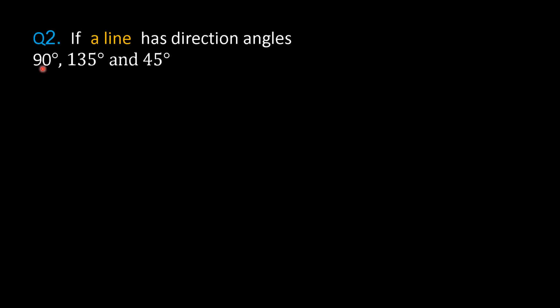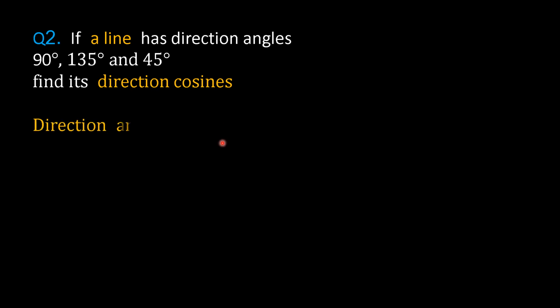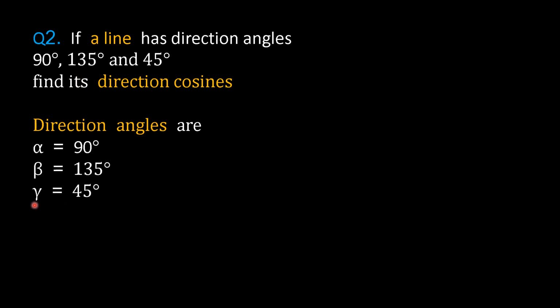The second question is similar to the first one. If a line has direction angles 90 degrees, 135 degrees and 45 degrees, then we have to find its direction cosines. The direction angles are alpha is 90 degrees, beta is 135 degrees, gamma is 45 degrees.